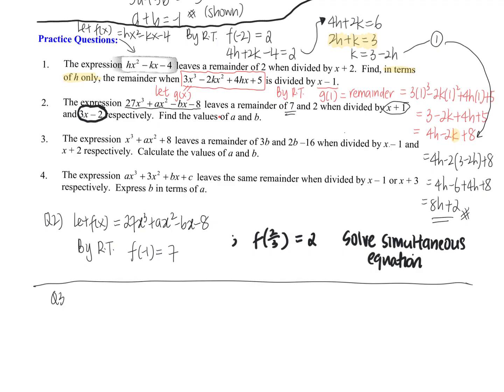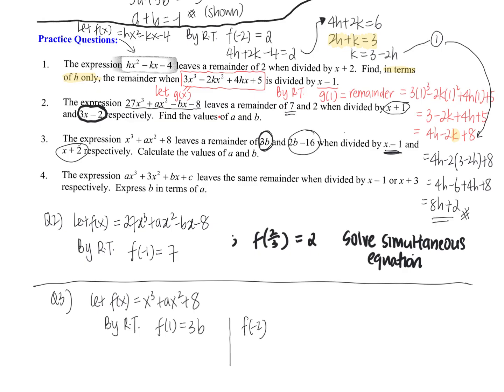Question 3. Let f(x) be the expression. It says it leaves a remainder of 3b when divided by this. So by remainder theorem, f(1) will give you 3b. This is the first equation. Second equation, f(-2) will give you this remainder.